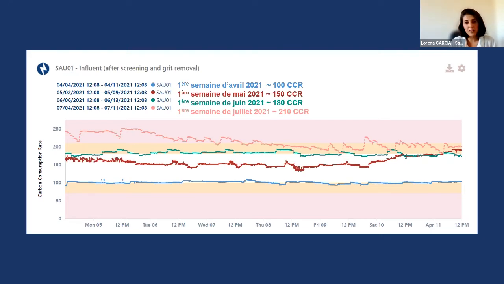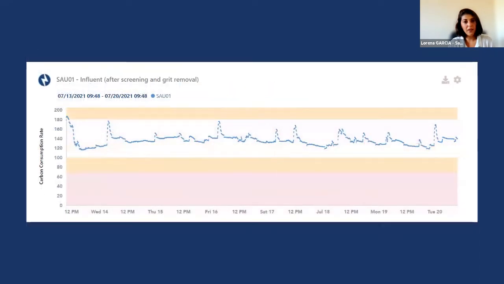Regarding the illicit discharges, we noticed that sometimes at night, around 4 a.m., not every night, not every week, we had some peaks showing up. So we are still digging into the matter. They are minor, but we could trace them to a lot of water coming in at the same time.